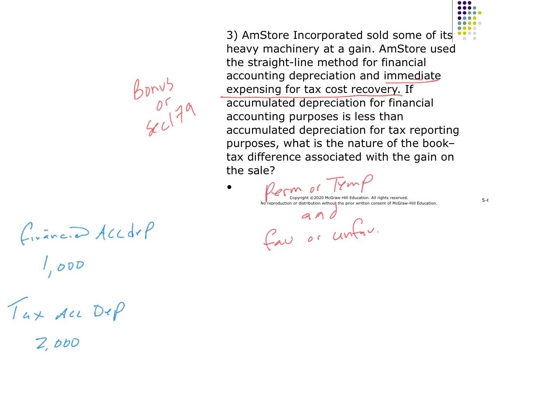And we're then asked, what is the nature of the book tax difference associated with the gain on the sale? We'll say that our cost of the asset was $2,000.